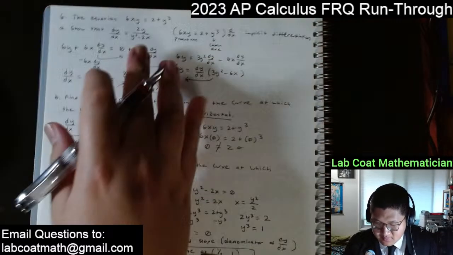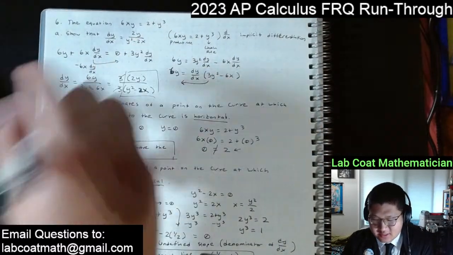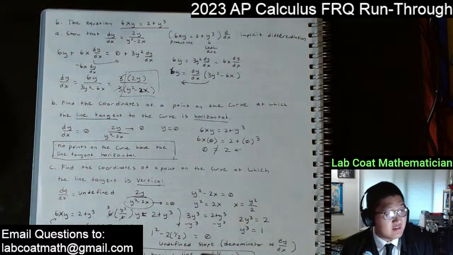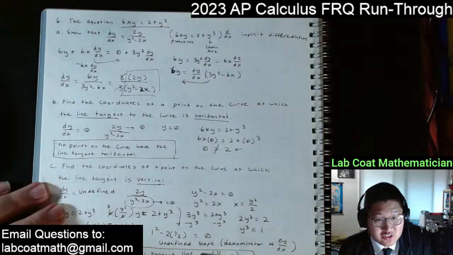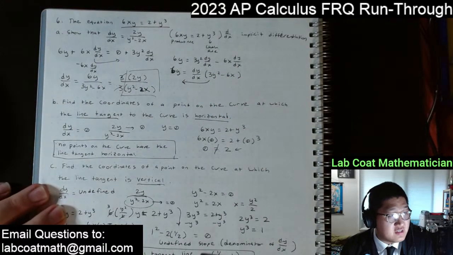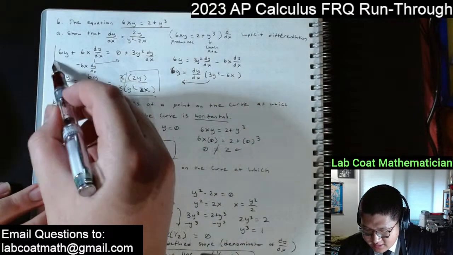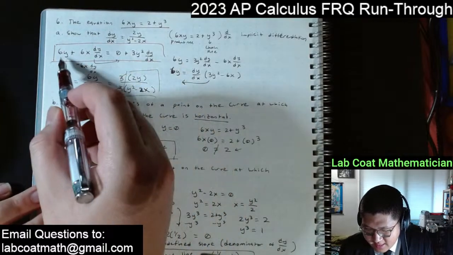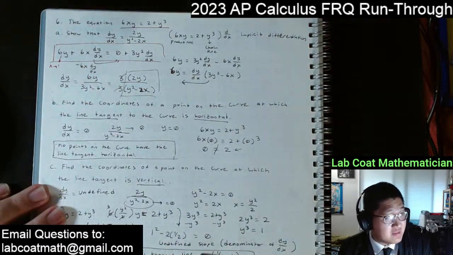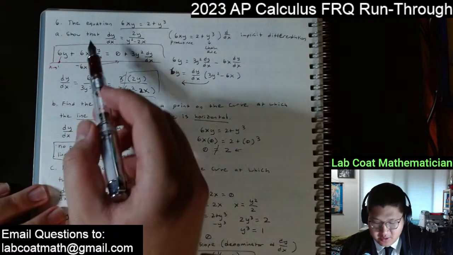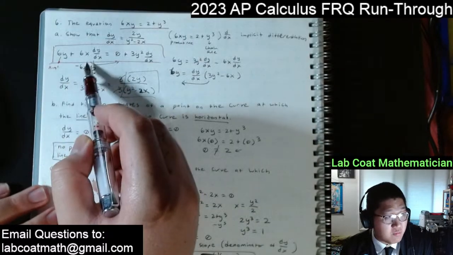So we have that, again, all the context they actually gave us was literally just that equation of 6xy plus 2 is equal to 2 plus y to the third power. So part A was that we needed to show the work of the implicit differentiation. Again, this line of work right here of understanding that x is turned to 1, right? So the x's will go to 1 from the derivative, but y's will go to dy over dx following the product rule.